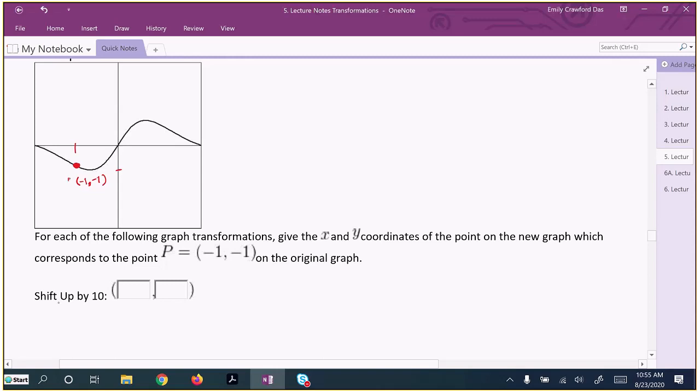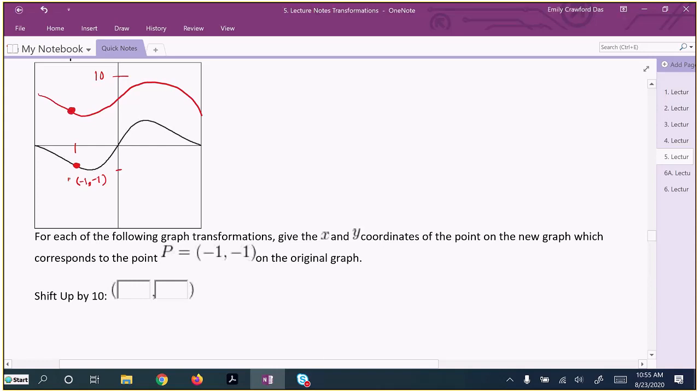So the first transformation, shift the graph up by 10. Just to sketch that out, we don't have the appropriate scale, but let's say this was shifted up by 10. Then here's my graph. So what happened to this point P?